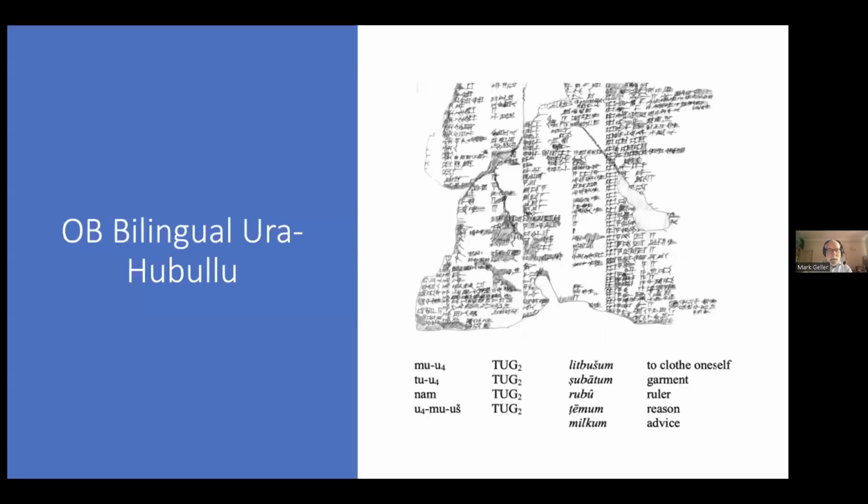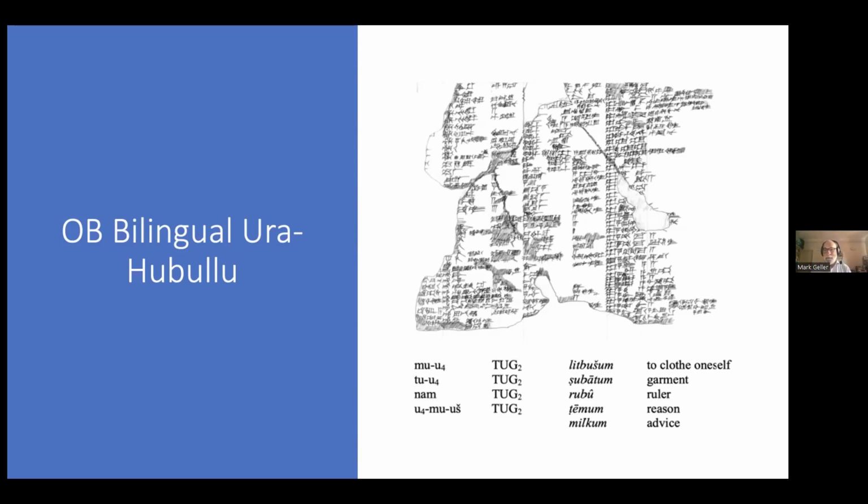But what interests me are the bilingual lists, which always have a standard format: Sumerian on the left, Akkadian on the right. Incidentally, even the unilingual lists, the ones which only list Sumerian, I agree with Nick Feldhaus about this, were probably bilingual.